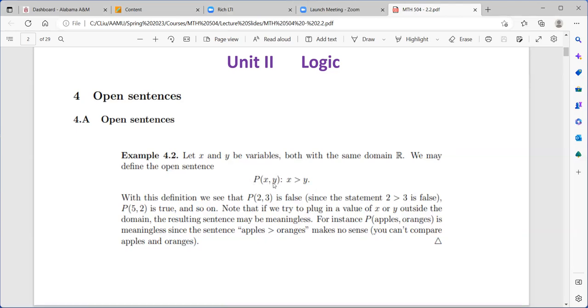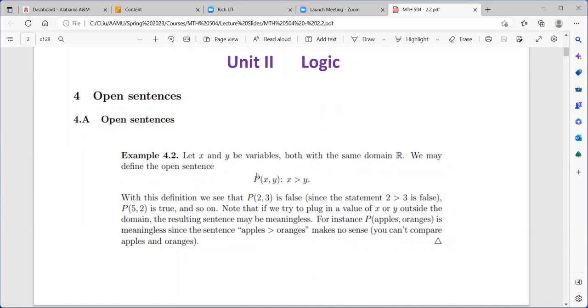And previously, if you still recall, we just used P, Q, or whatever, those capital letters to denote a statement because it does not have variables. So you don't need to write these parentheses at all, but just use P to denote a statement. Then you can tell whether its truth value is true or false.